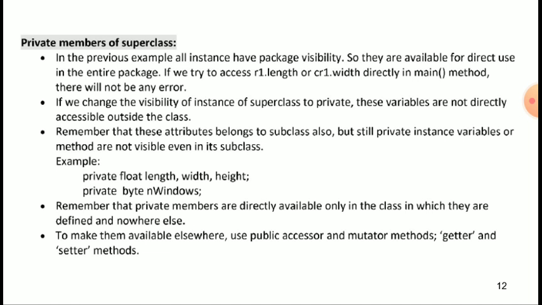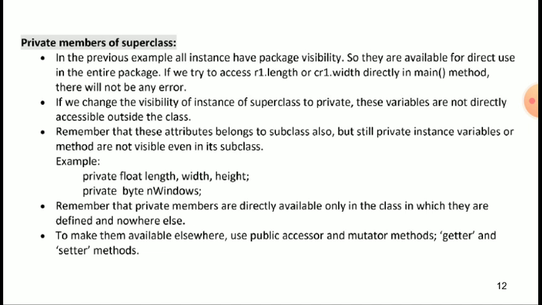Next is private members of a superclass. In the previous example, all instance variables have package visibility, so they are available for direct use in the entire package. If we try to access r1.length or cr1.width directly in the main method, there will not be any error.